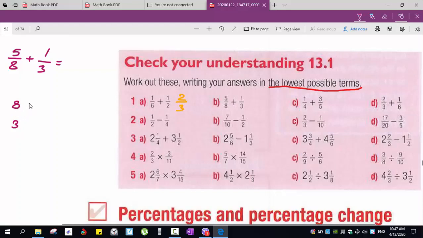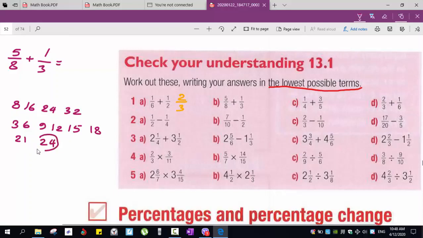Multiples of 8 are 8, 16, 24, 32. Let's write some multiples of 3: 3, 6, 9, 12, 15. Nothing repeated so far. 18, 21, 24.